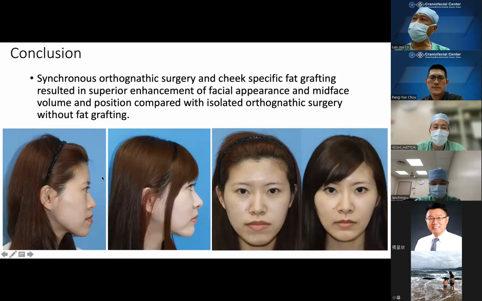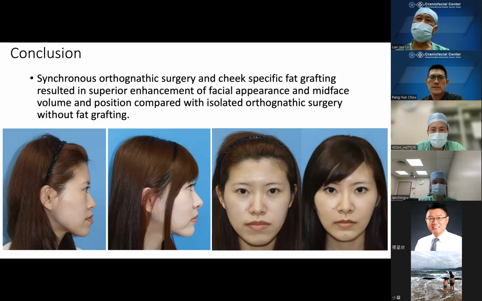But I think the most important thing that we learned from Dr. Zhang is that we should always bear in mind that when you do any kind of reconstructive procedure, we need to think of something else to enhance the facial aesthetic outcome.